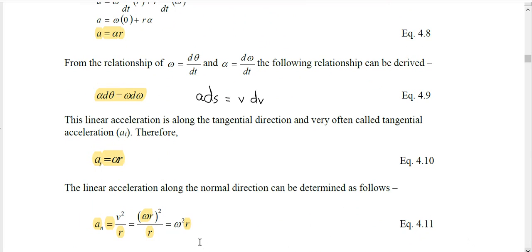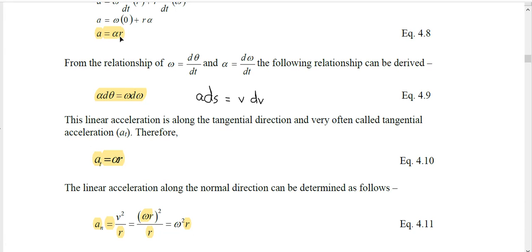Normal acceleration is v square over radius. We saw that equation in our linear kinematics also. Normal acceleration is v square over rho, where rho means radius. Now the path is circular, so r. So an is v square by r, v is omega r, so finally it comes omega square r. So normal acceleration is omega square r, and tangential acceleration is alpha r. We should remember this.